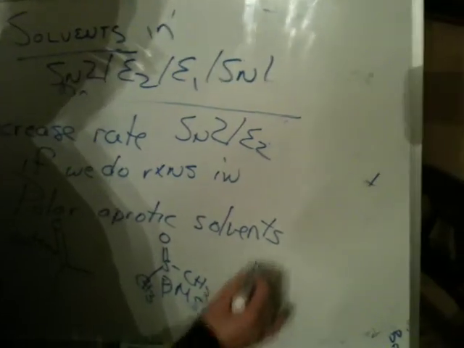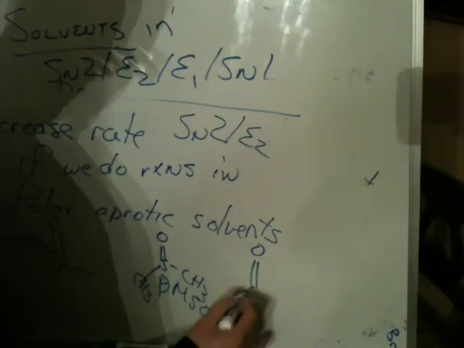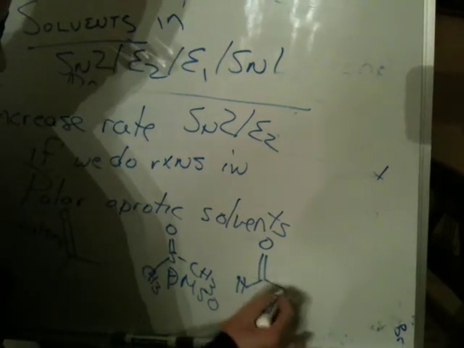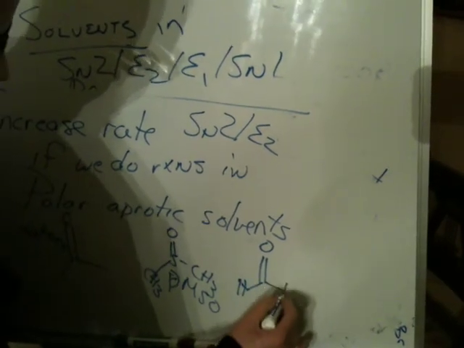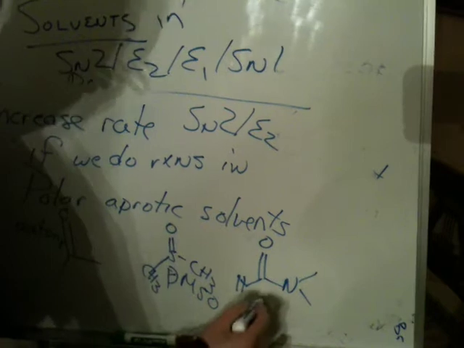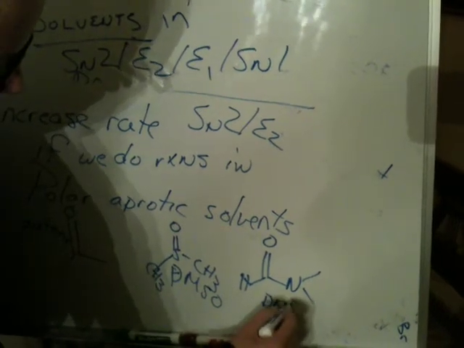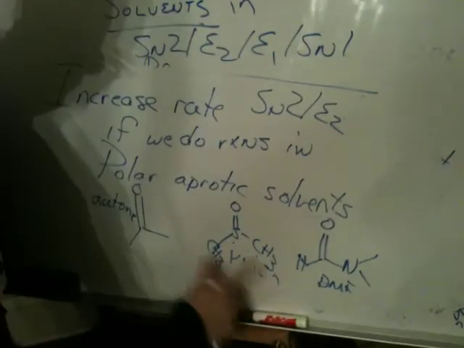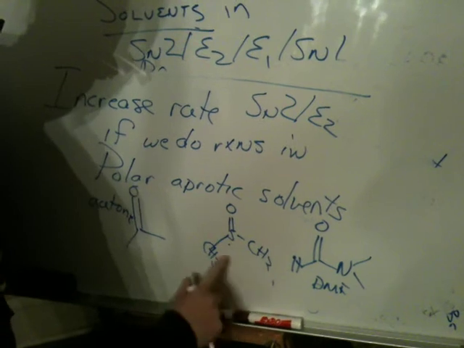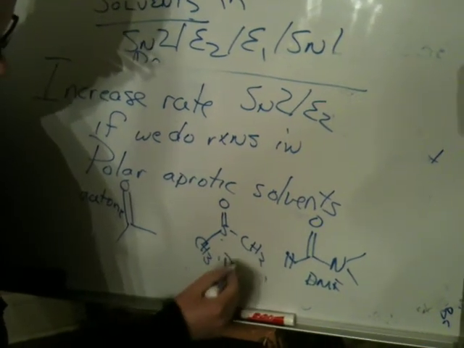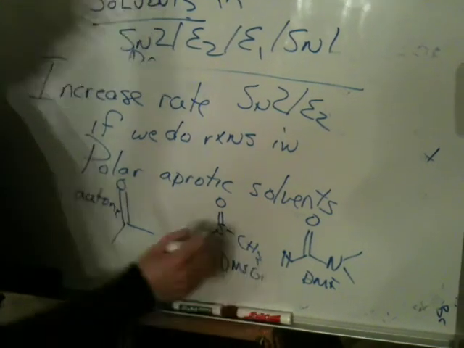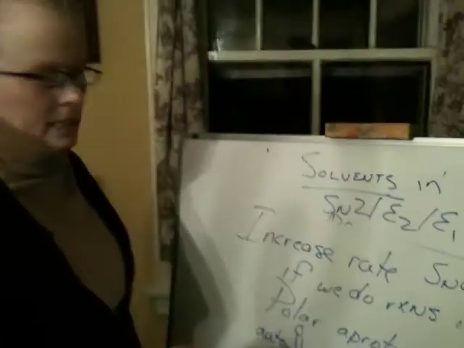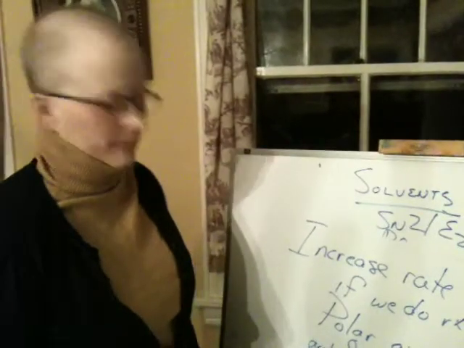This solvent is called DMF, dimethylformamide. Drawn like that, DMF. You'll see these in your textbook. Again, this one is DMSO. Now, if you see the acronym or you see that structure, you know it's the solvent. I'm going to put them below the arrow.